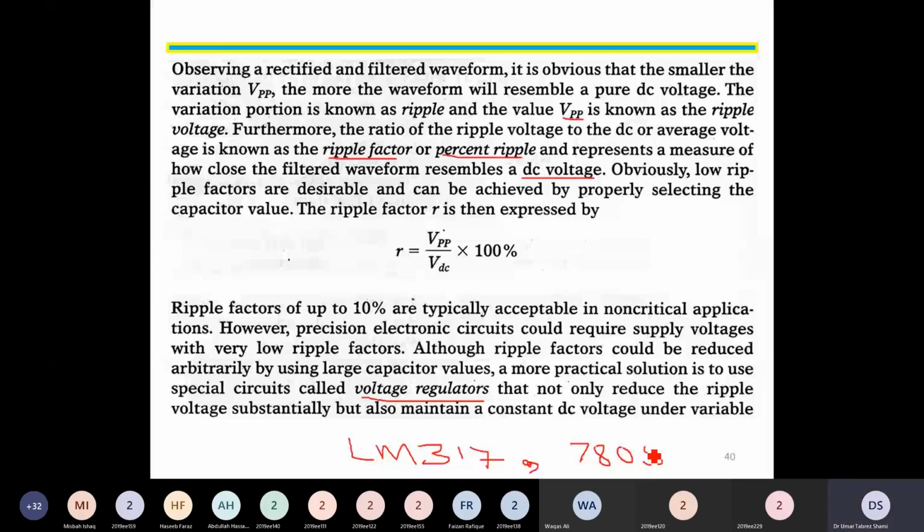This 7805 is a voltage regulator that produces a fixed 5-volt output, but the input voltage should be larger than 5 volt. LM317 on the other hand is a variable DC voltage regulator. It produces a steady, well-maintained variable DC output.